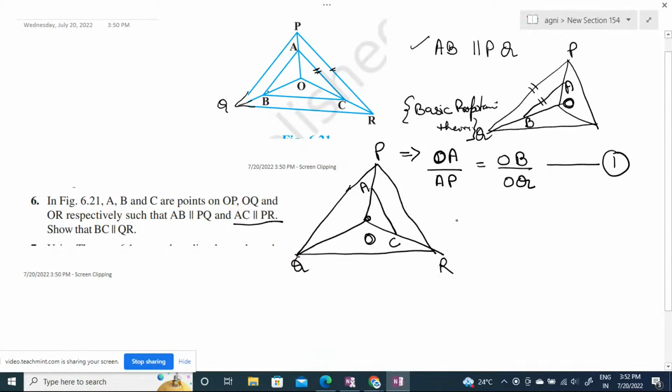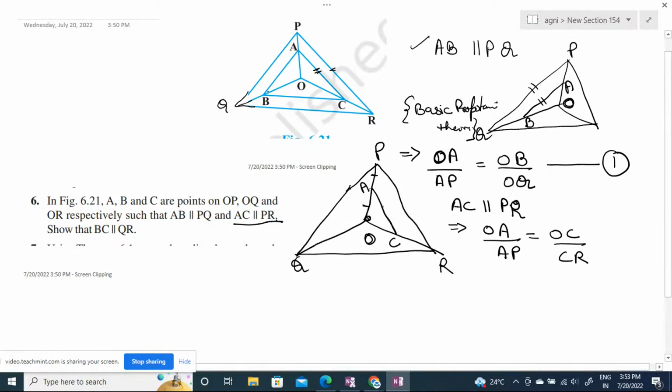Clear? Now it is given to us AC is parallel to PR in the question. So we can write OA upon AP is equal to OC upon CR. That means this ratio is equal to this ratio equal to this.